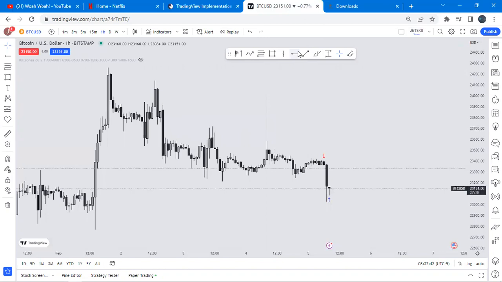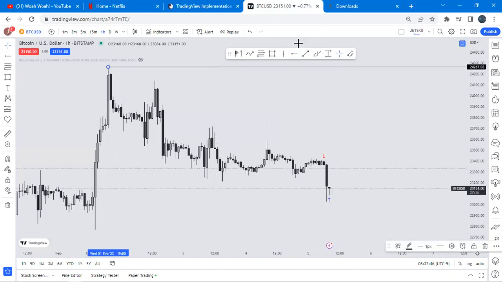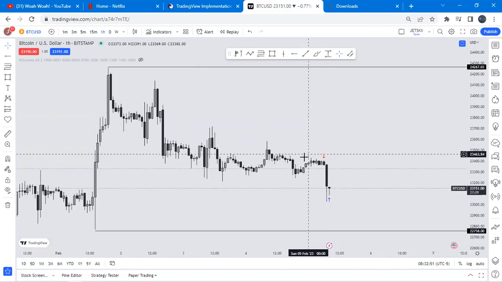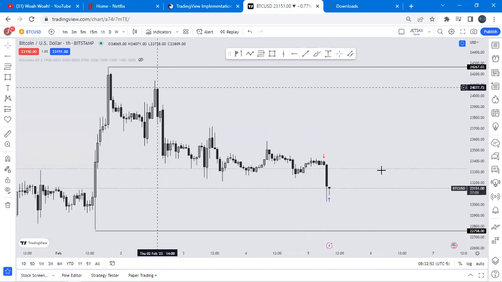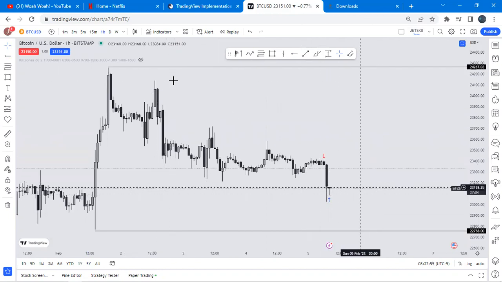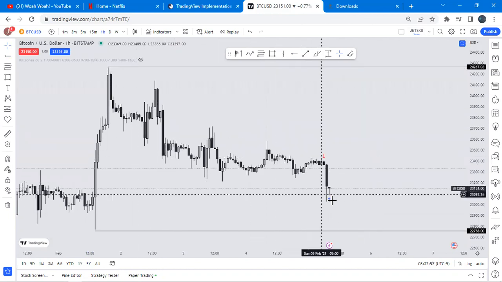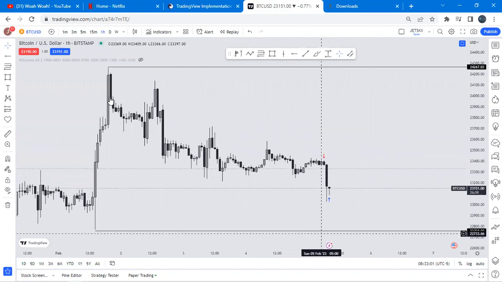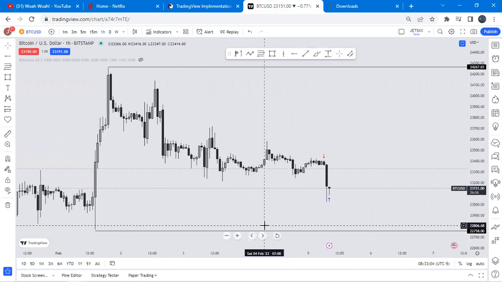So you can see you have this range from here, range high, and then you have this. And then you can work within that range, from that high to that low, right? So I was aware I was within that range.